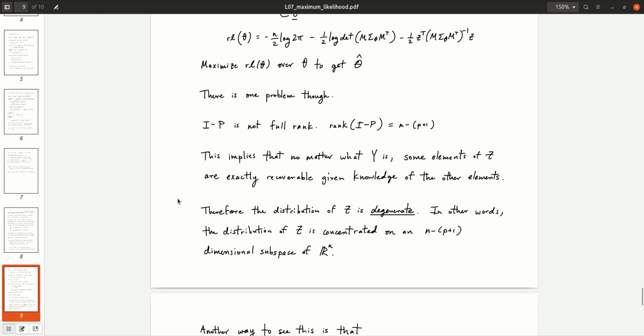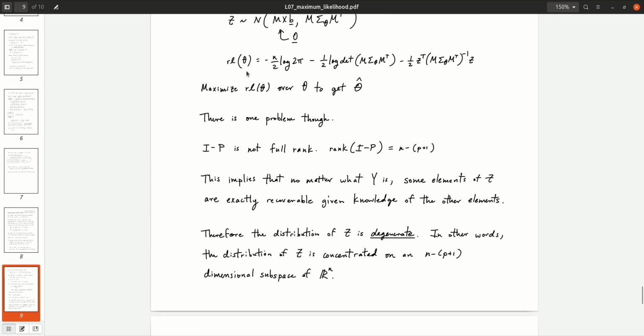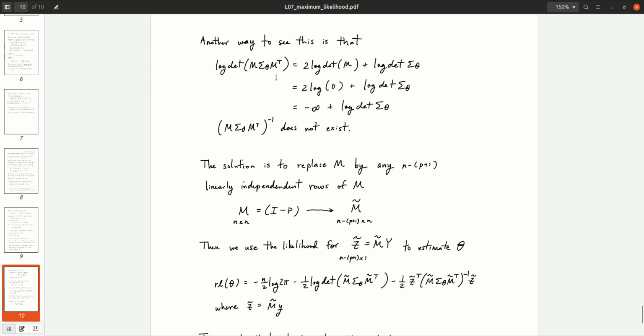If all that's a little too abstract, let me show you the practical issue with using this likelihood to estimate the parameter theta. There's a very clear practical issue. One of the terms that shows up is the log determinant of M times sigma theta times M transpose. Now, using the formula for the product of determinants, this is going to be determinant M times determinant sigma times determinant M again, since determinant M is equal to determinant M transpose.